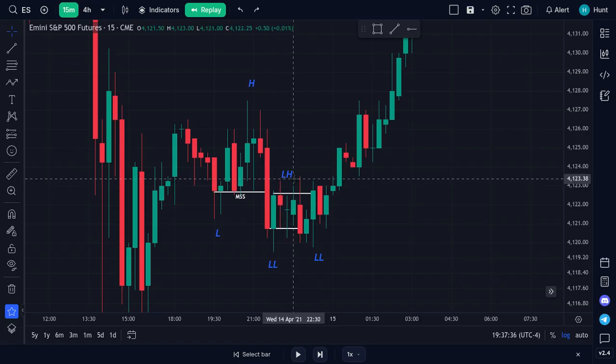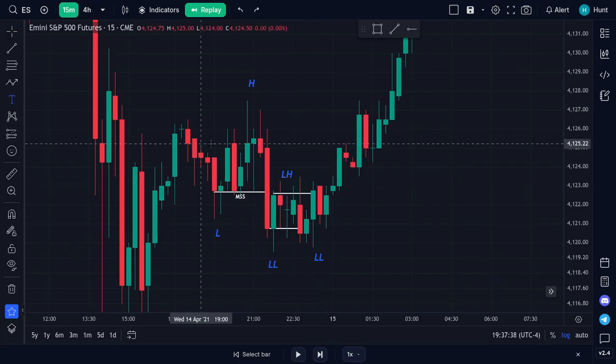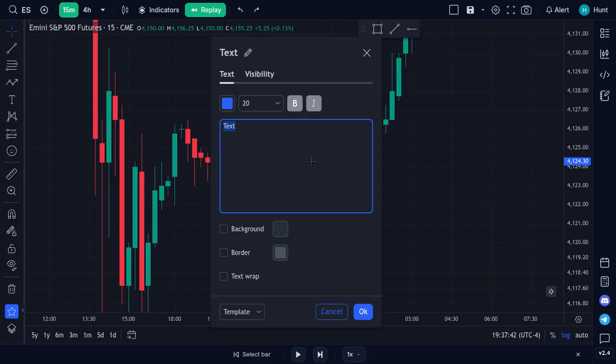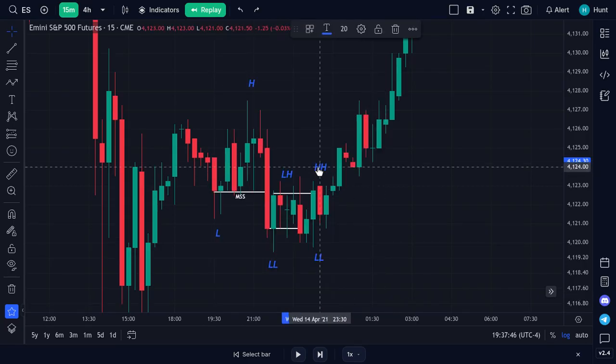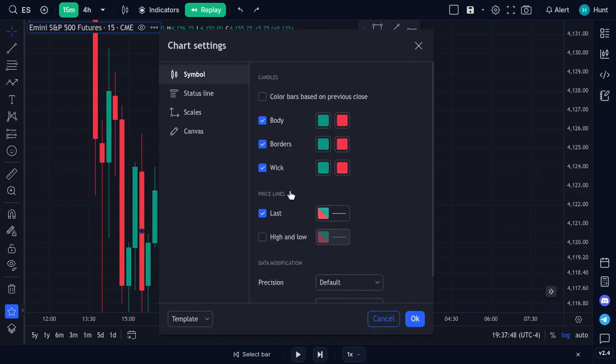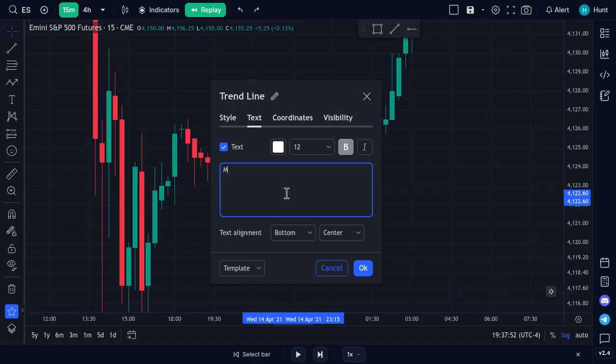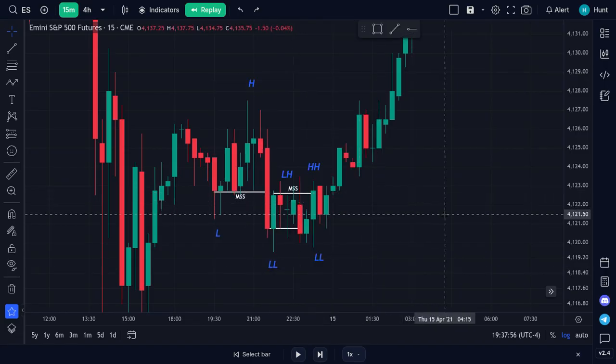It does not create a new one. So when we create a new high, instead of creating another lower high, this is now our higher high. And this is also known as a bullish market structure shift.